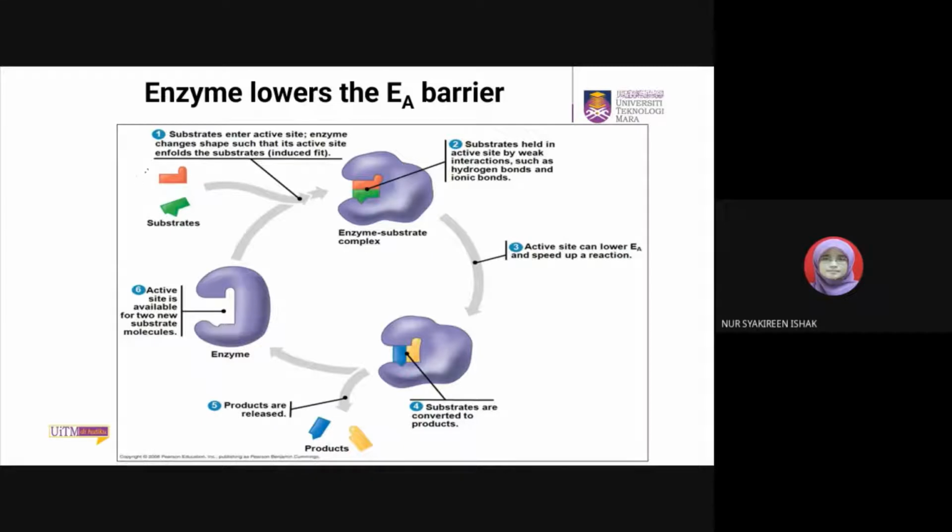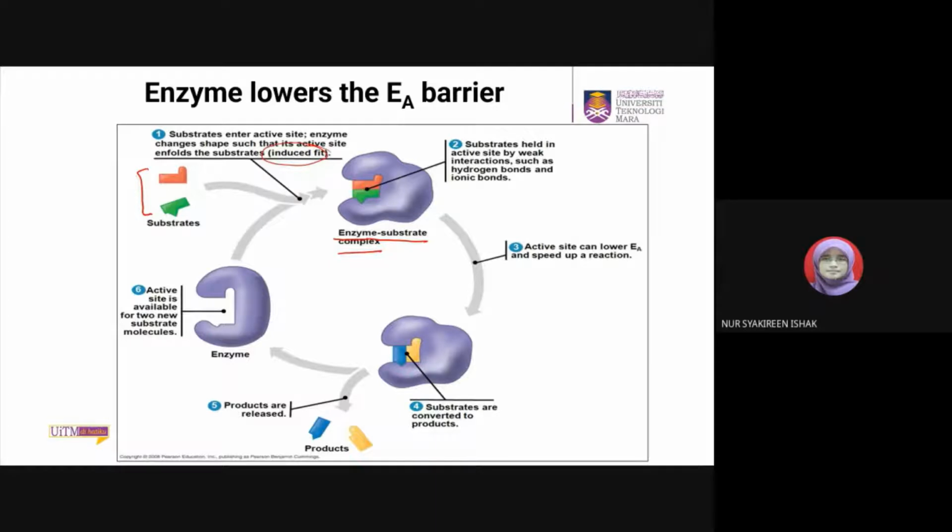As you can see here, you have the substrate, two substrates in this case. The substrate will enter into the active site to form the enzyme-substrate complex. So substrate enters active site. Enzyme changes shape such that its active site enfolds the substrate. So this explains the induced fit.